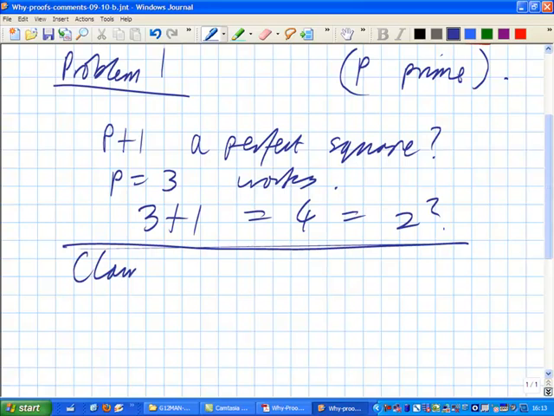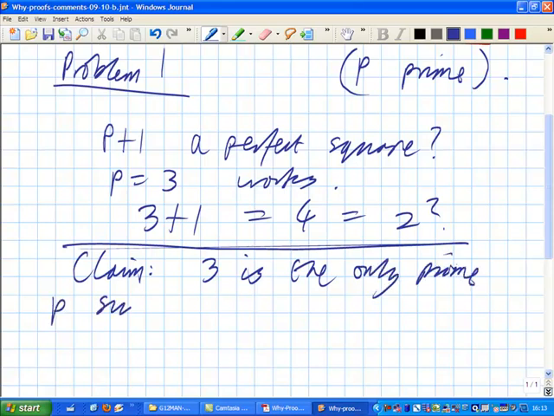So the claim is 3 is the only prime p that works. So we're going to claim that 3 is the only prime p such that p plus 1 is a perfect square.